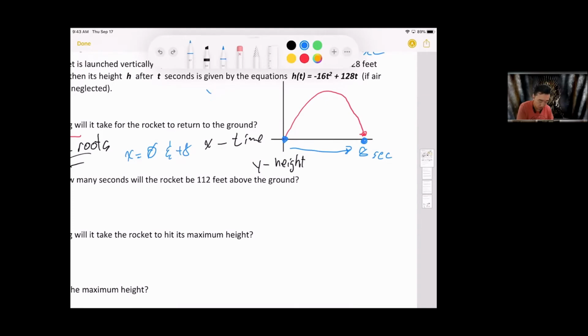So you make it equal to 0, negative 16t squared plus 128t. And if you were to divide all of them by 16, it's still 0. So it doesn't really matter.